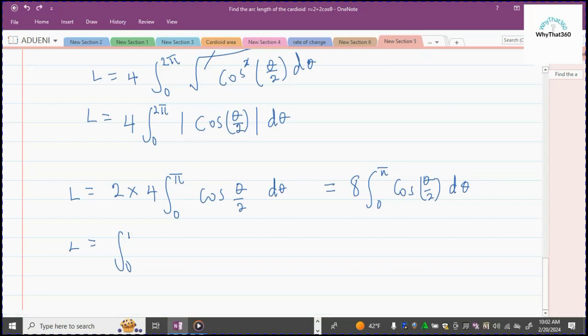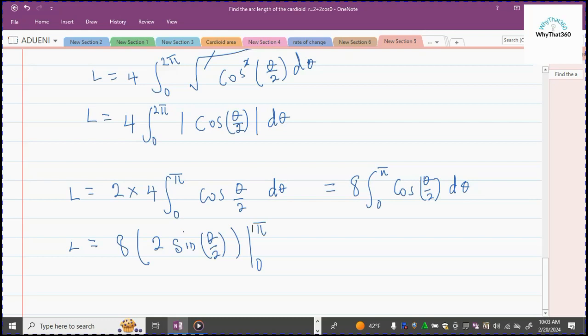So we will have the length equal to 8 times, if we integrate cos theta divided by 2, we will get 2 sine theta over 2, and we are going over this interval from 0 to pi.